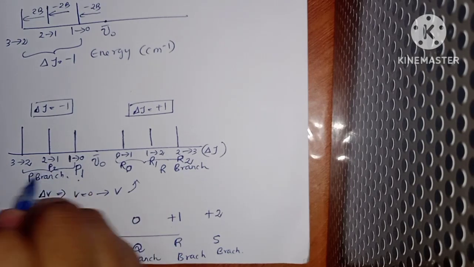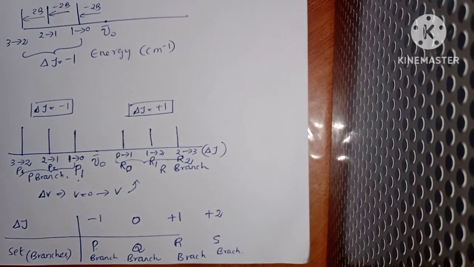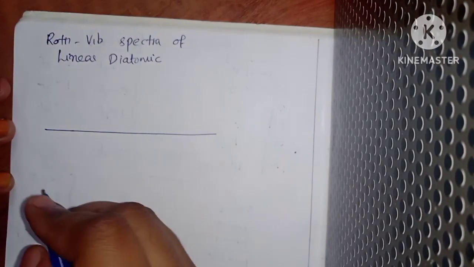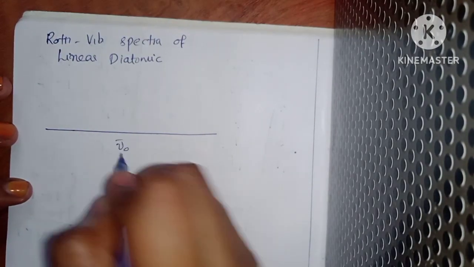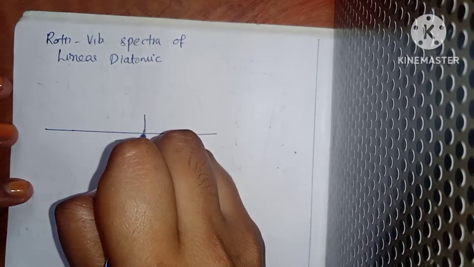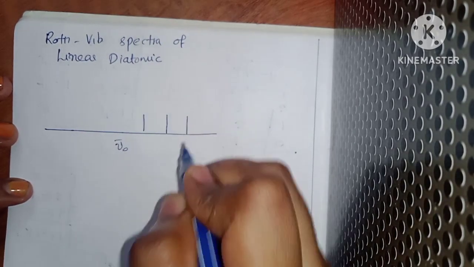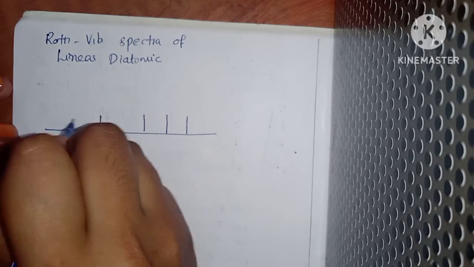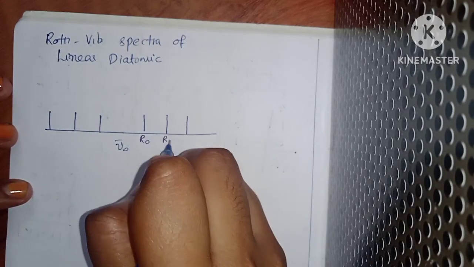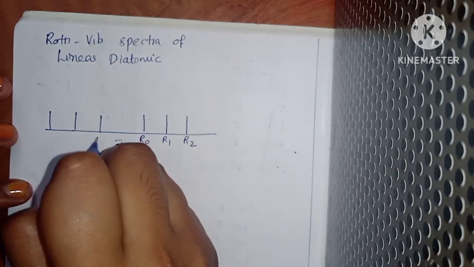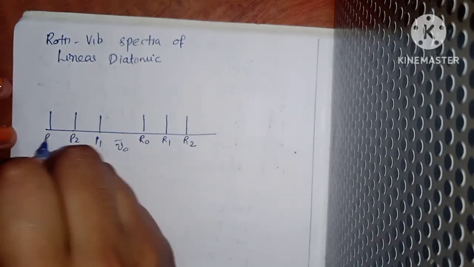And like that, P2, P3. The rotational vibrational spectra of a linear diatomic molecule can be represented as mu bar 0 plus 2b, plus 4b, plus 6b, mu bar 0 minus 2b, minus 4b, minus 6b. This is R0, R1, R2. This is P1, P2, P3.